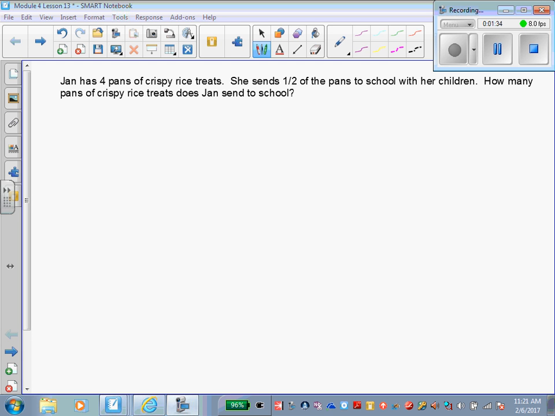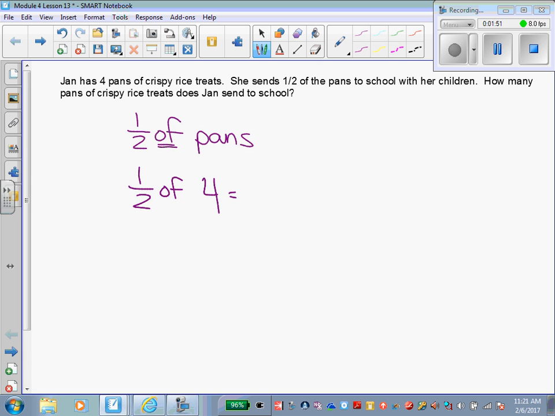If we are sending half of the pans, and of means multiply, then we are sending half of 4, which is 1/2 times 4.